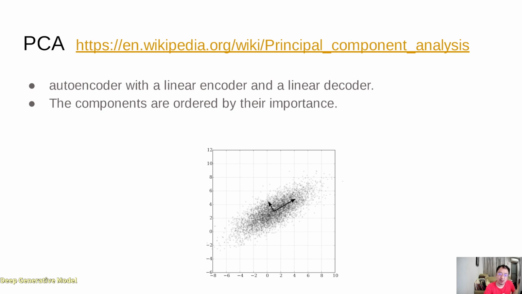For each data point, we discard all dimensions except for this dimension. So it will discard a lot of things, and everything is projected onto this dimension.